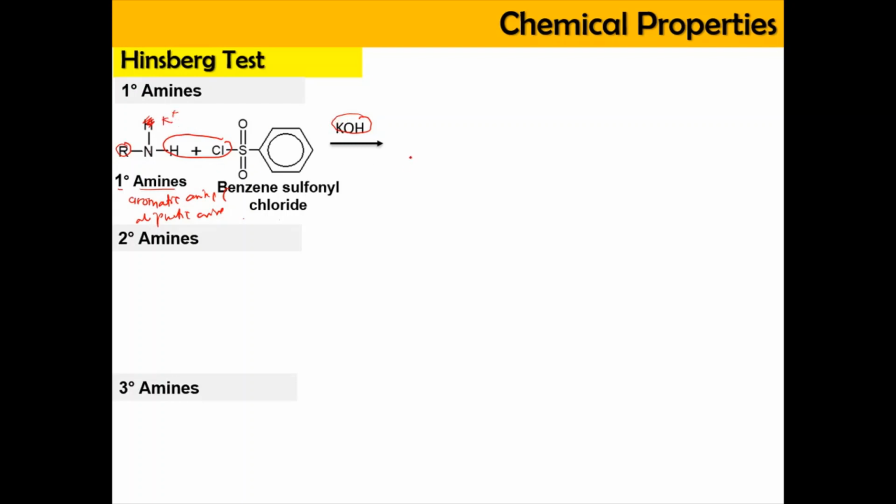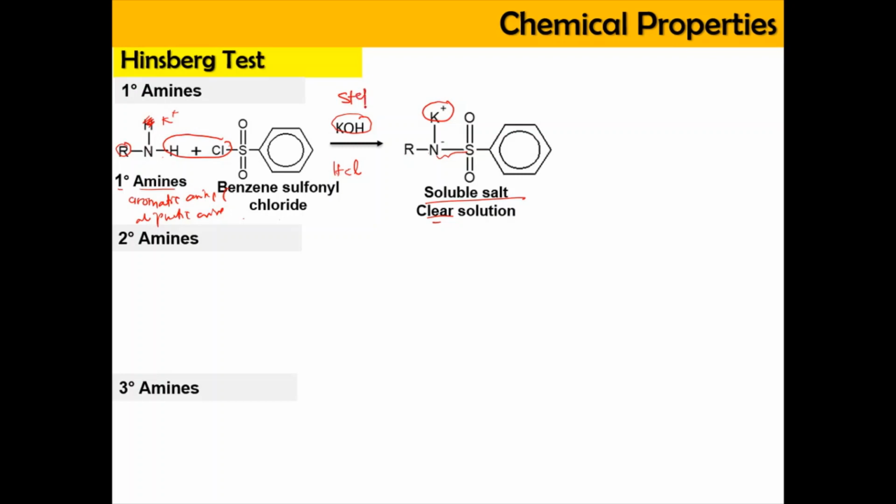As a result, the K is going to enter here, the HCl is going to be removed as the byproduct, and the NS bond is going to be formed. This is a soluble salt because of the presence of the metal group here, and because it is soluble in the solvent, we can say that it is producing a clear solution. So this is for step number 1.